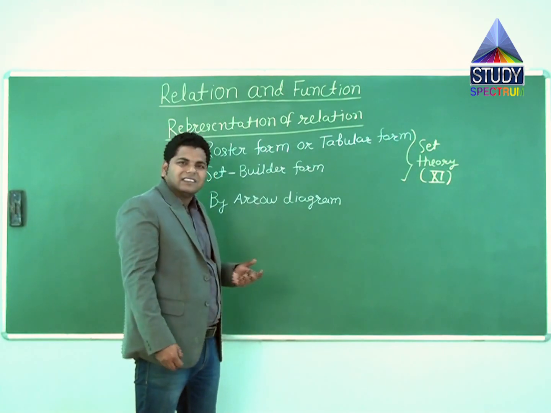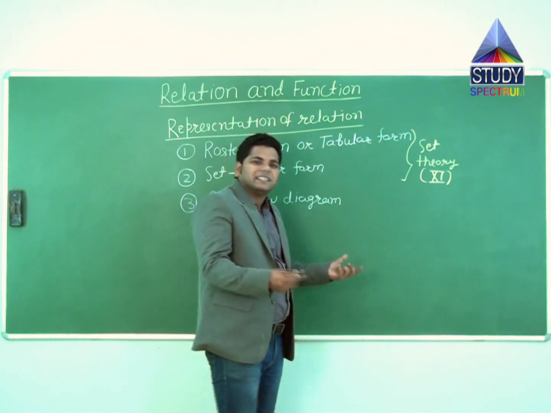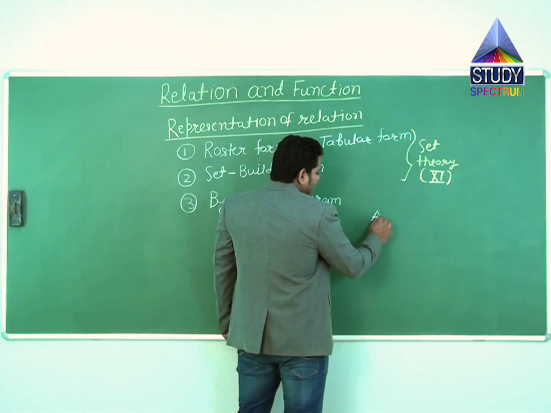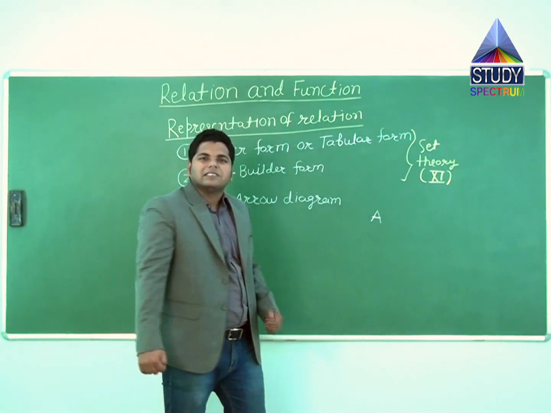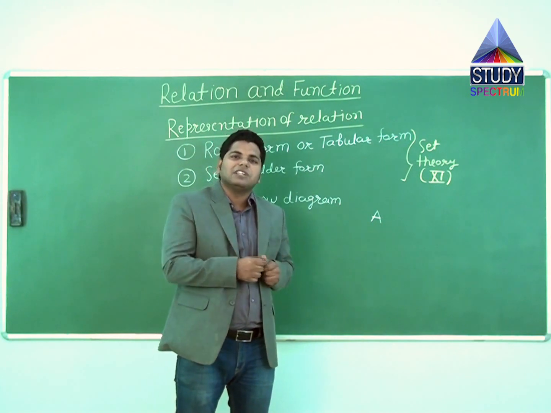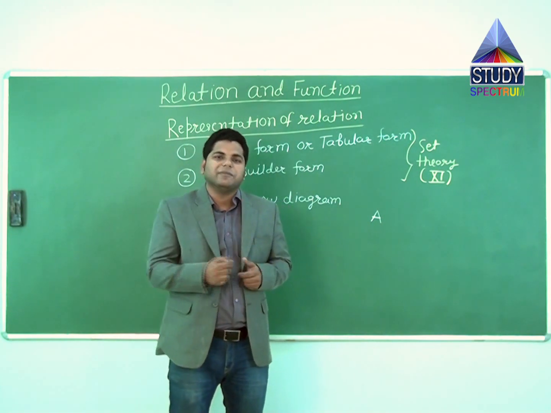Let us understand this with the help of a set. Suppose set A is a collection of the first 5 natural numbers. Then the first 5 natural numbers are 1, 2, 3, 4, 5.